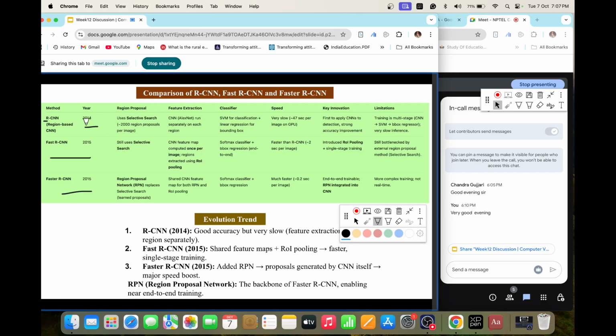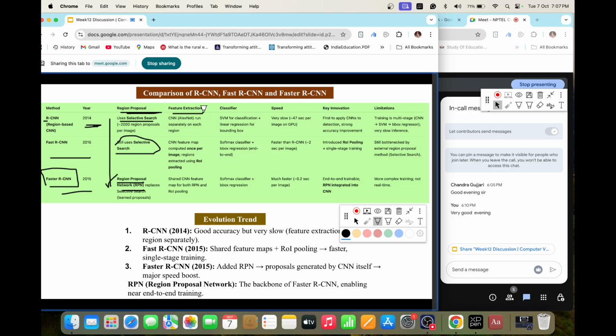For region proposal, it uses selective search. Faster RCNN uses the region proposal network, or RPN, which replaces the selective search algorithm. That is the evolution from RCNN to Faster RCNN.